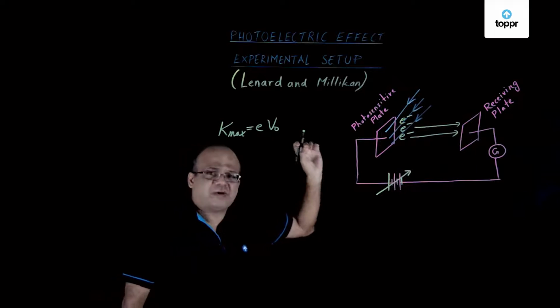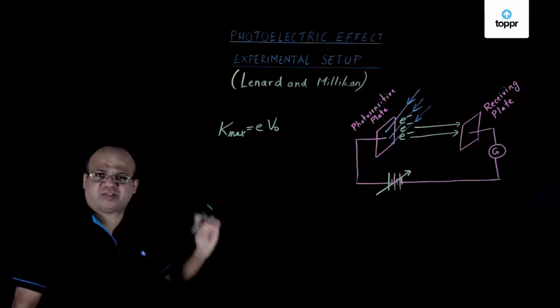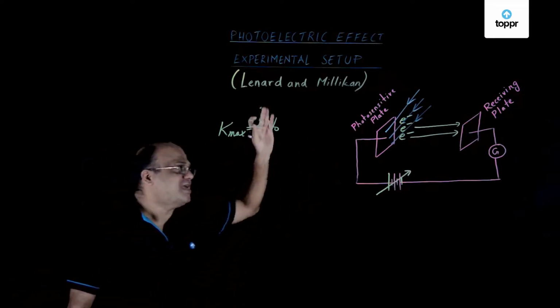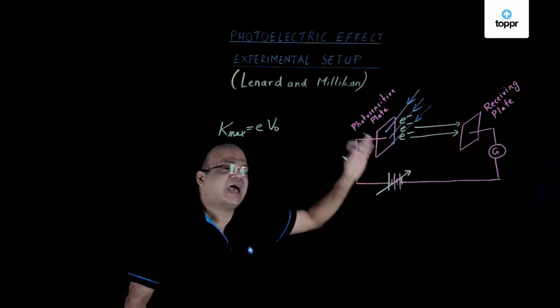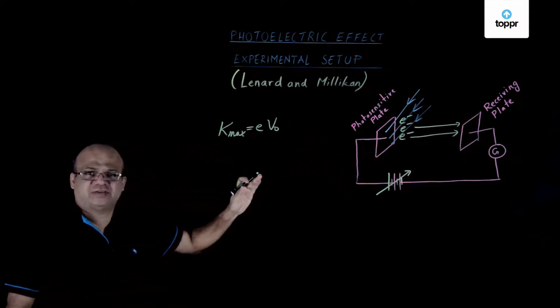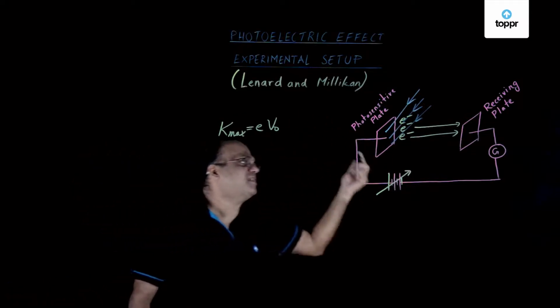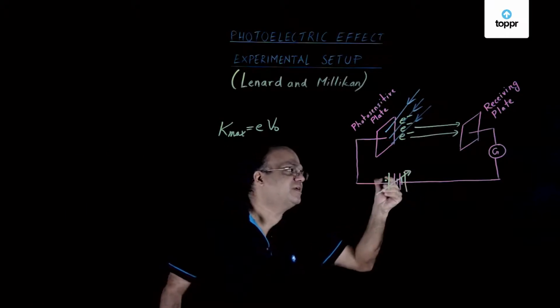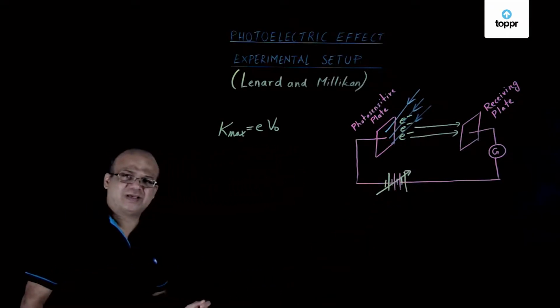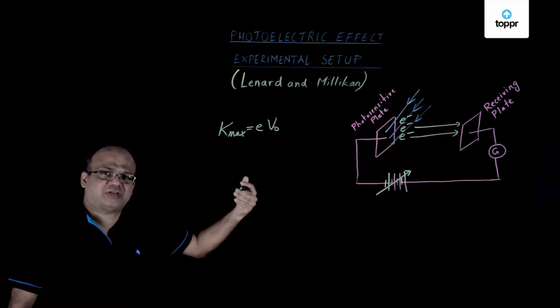Now, suppose we do the exactly opposite thing. We keep the receiving plate at positive potential and we keep on increasing the positive potential. So this is the situation now.